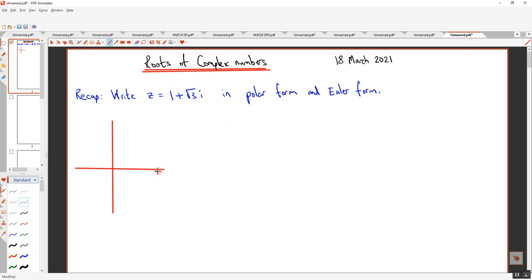So we've got the real part. We've got the imaginary part. I'm going to draw this onto my axes, so it's 1 in the real direction, and then it's root 3 in the imaginary. So my complex number looks something like that.